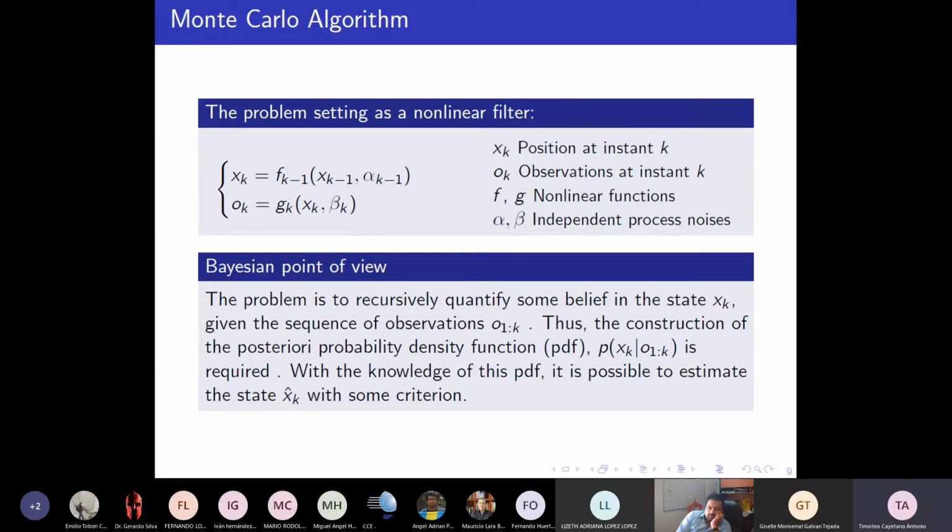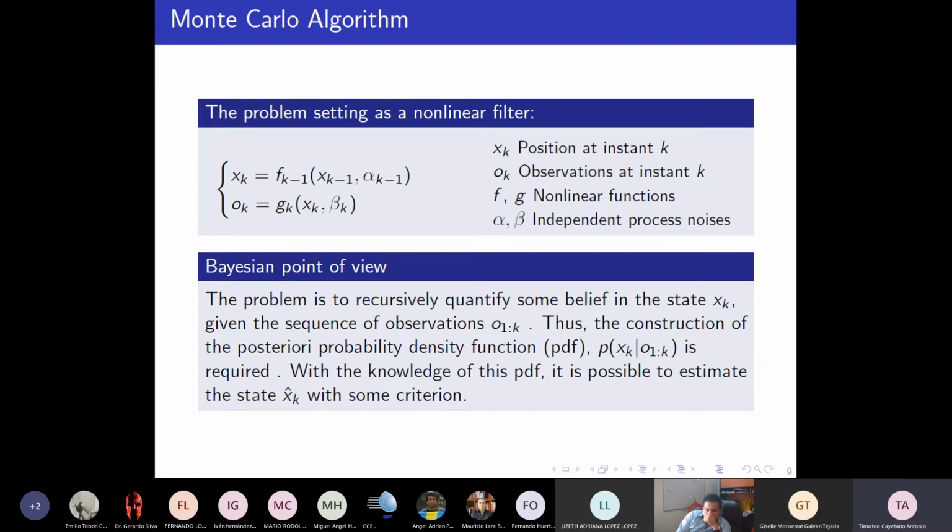In this proposal, we base our proposal on the Monte Carlo algorithm, and the localization problem can be stated as a non-linear filter problem, as can be observed in this equation.